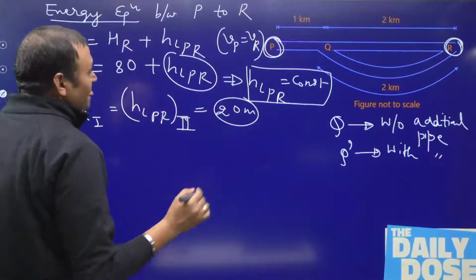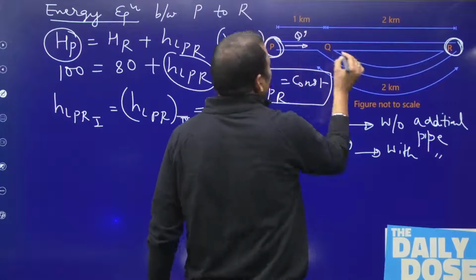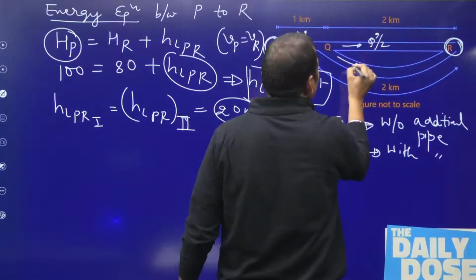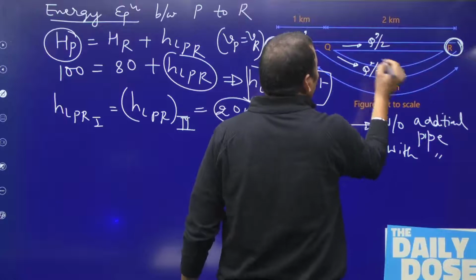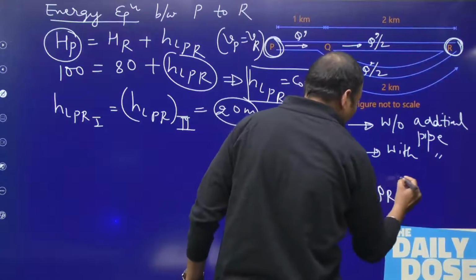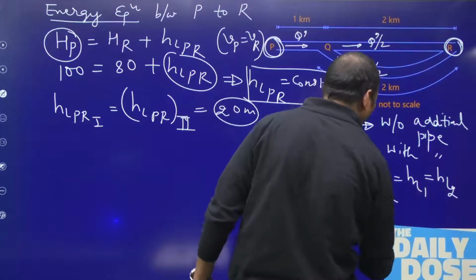So whatever is the discharge Q dash will be equally distributed in both the pipes, Q dash by 2 and Q dash by 2. Why? Because the loss between Q and R, HL1 is equal to HL2, because of the parallel combination.